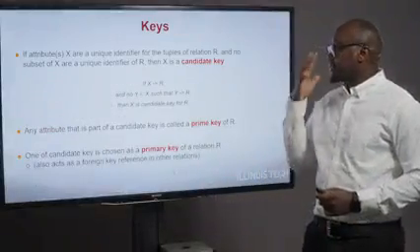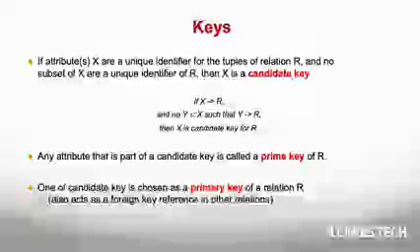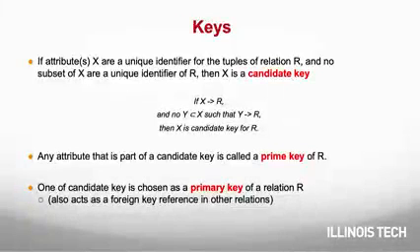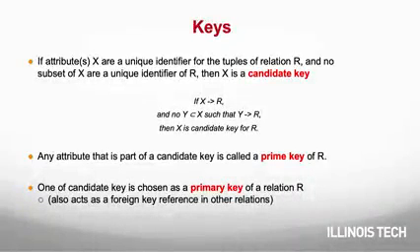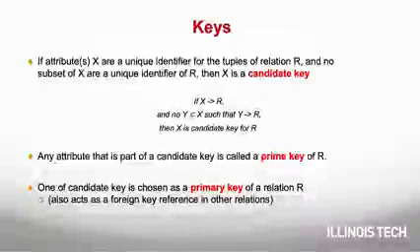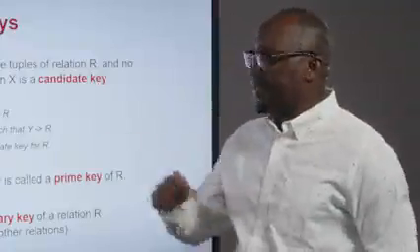Let's look at keys. If we have a set of attributes, or even just one single attribute, as a unique identifier of tuples in R, and there are no subsets of those attributes that uniquely identify R, then we can say that those attributes, or that attribute X, is a candidate key. We can look at the syntax here.